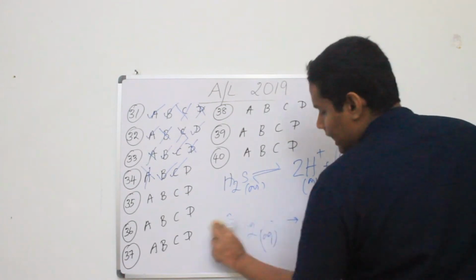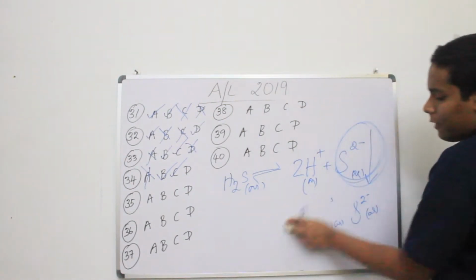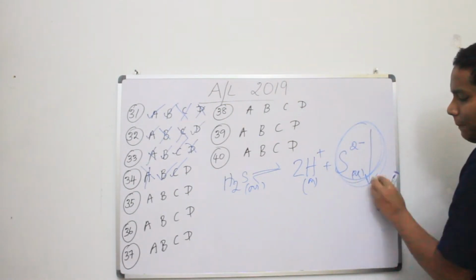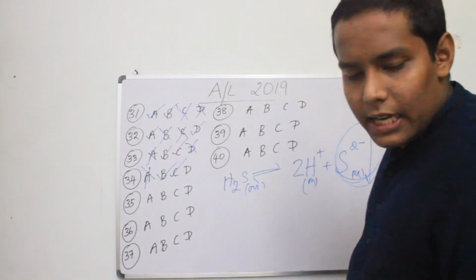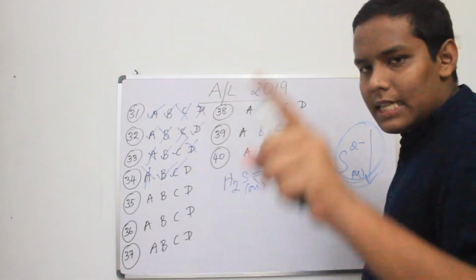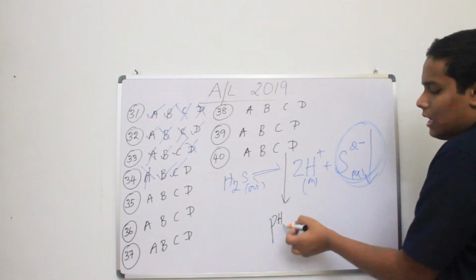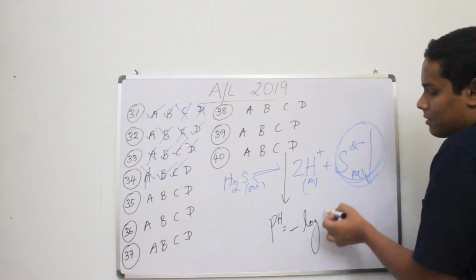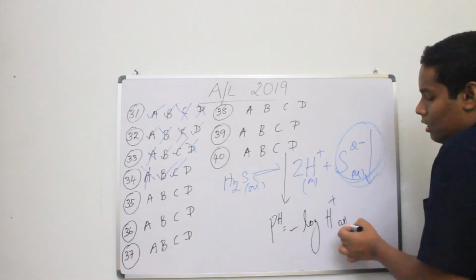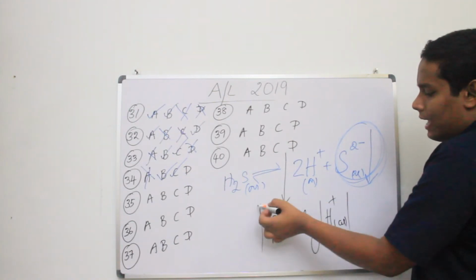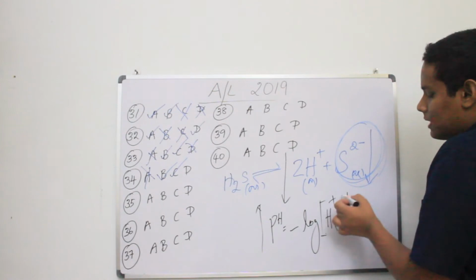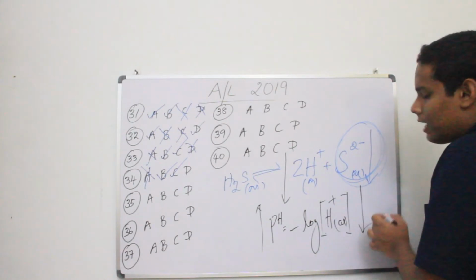D. Increase in pH of solution, decrease in sulfide ion concentration. So pH increases means what? If the pH increases, H plus ion concentration decreases. You know that pH equals minus log H plus. So if the pH increases, the H plus ion concentration will have to decrease.